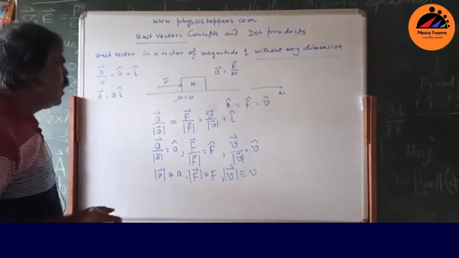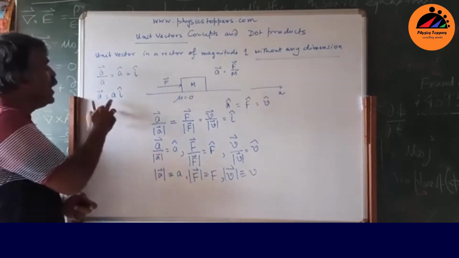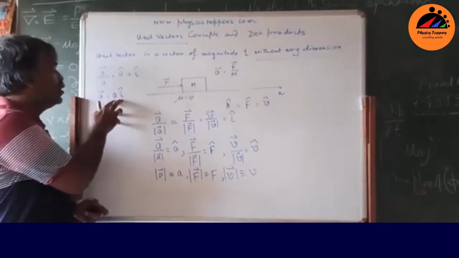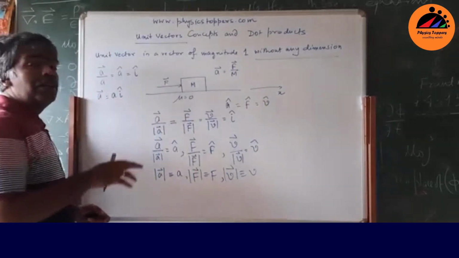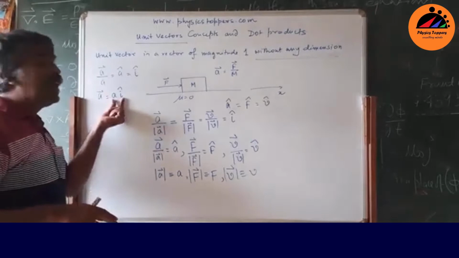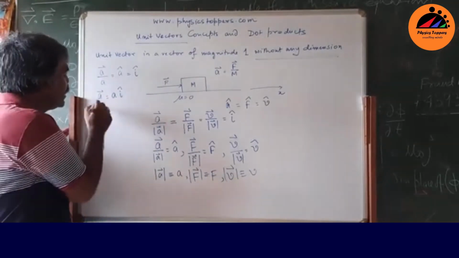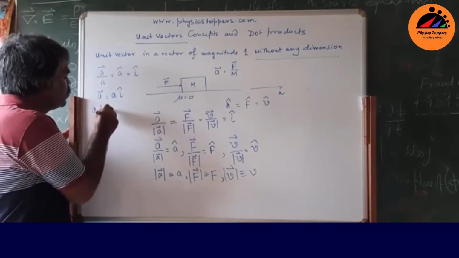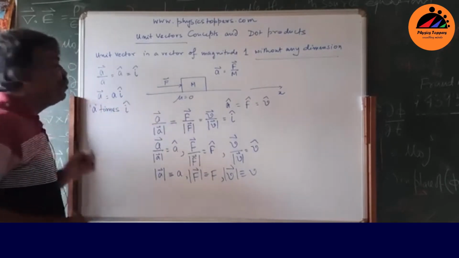Now you might be thinking, what is between a and i? Means this is a product. So I tell you, there is nothing between a and i hat. This is read as a times i hat. Please remember this.